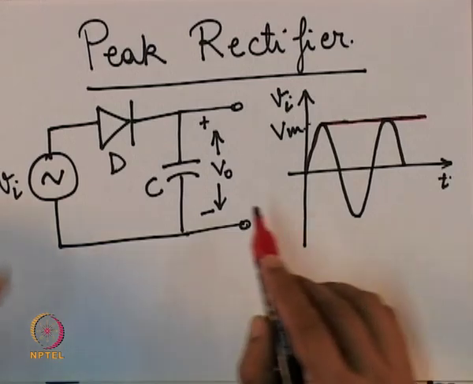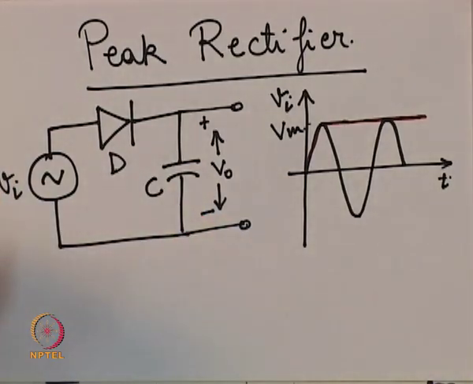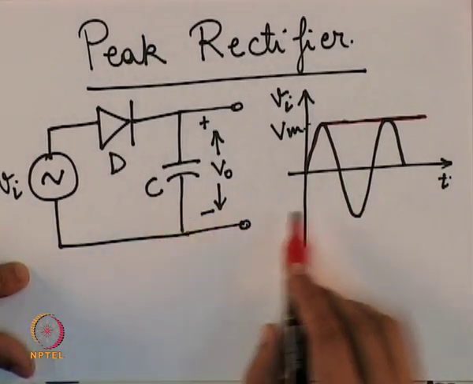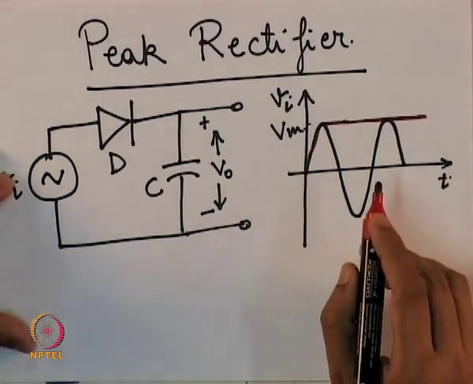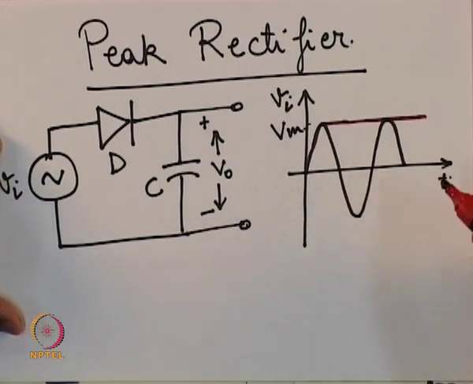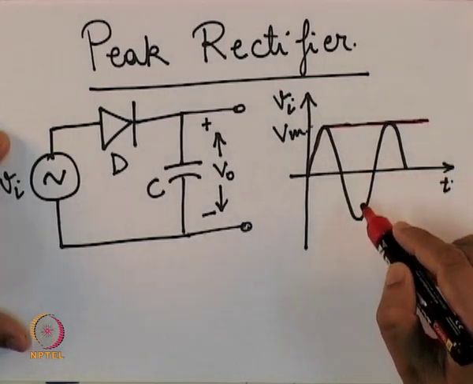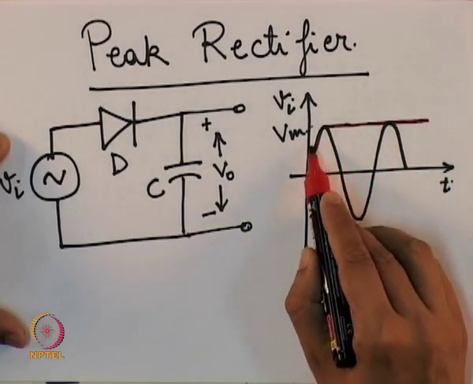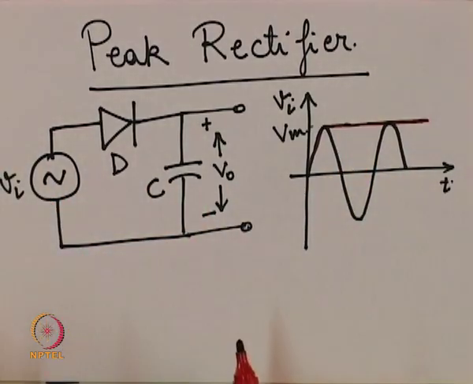Now, because the output voltage is the same as the voltage across the capacitor, the output voltage simply follows the peak of the input sinusoidal wave. If in place of a sinusoidal voltage we have some other form of function like a triangular waveform or a square waveform, then also the output voltage will follow the peak value that is given by the input.